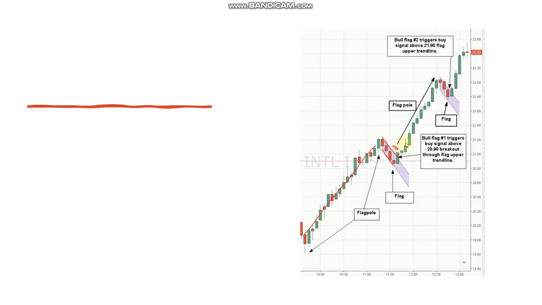Just look at the movement. After giving this nice breakout, the market consolidated again here, and after a little consolidation went up again. So this is also an excellent entry point. This is how you need to spot a flag pattern to earn big in the market.